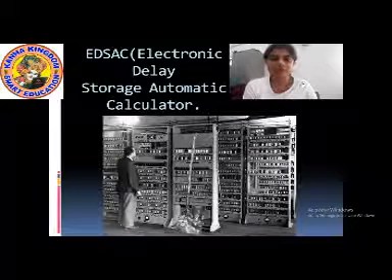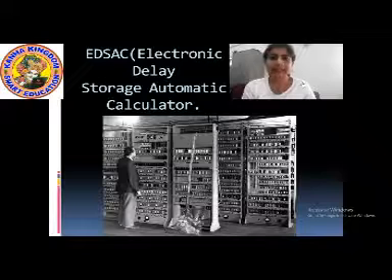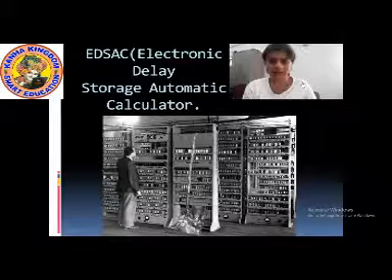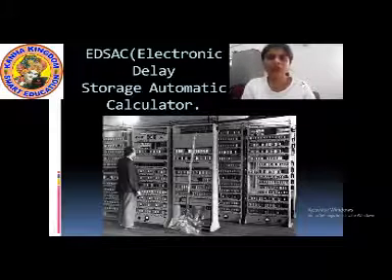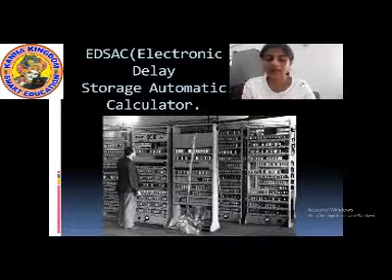Now let us move to another computer, that is EDSAC. Let me show you the picture of this computer, EDSAC. So students, this is the picture of an EDSAC.